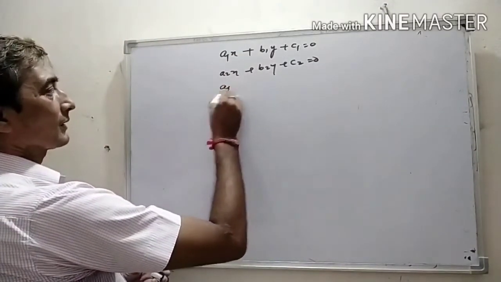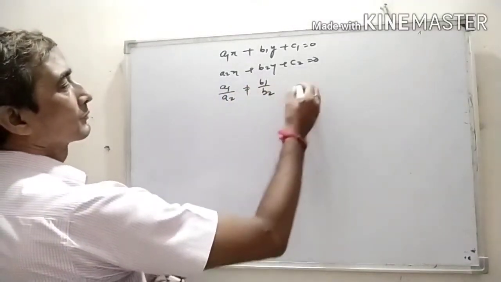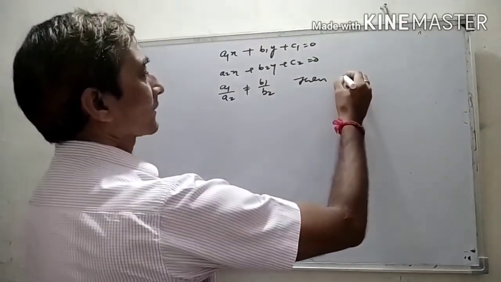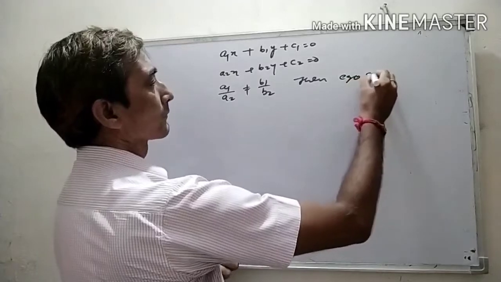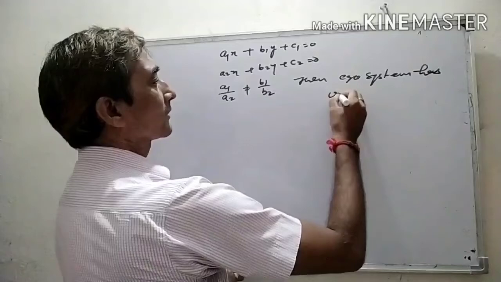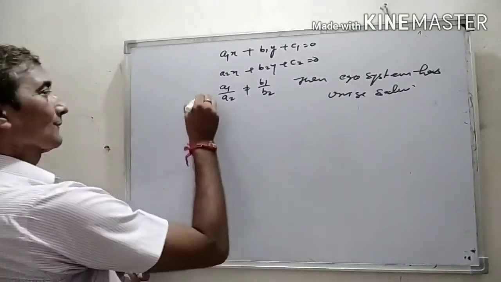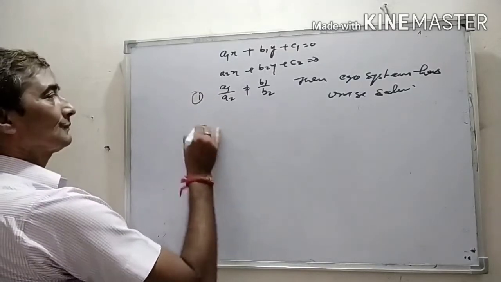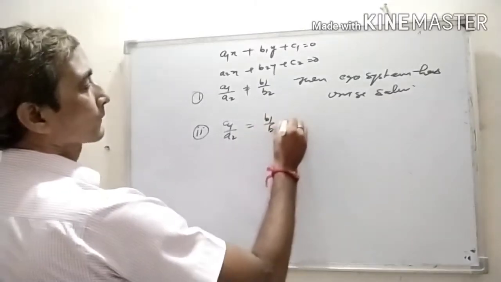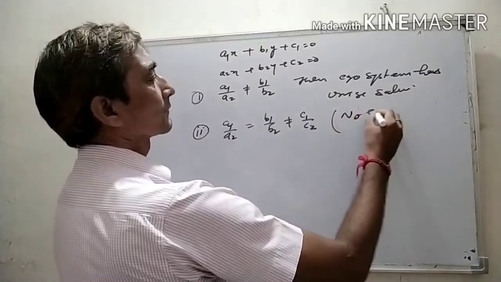If a1 upon a2 is not equal to b1 upon b2, then the equation system has a unique solution. Second, when a1 upon a2 equal to b1 upon b2 is not equal to c1 upon c2, there is no solution.